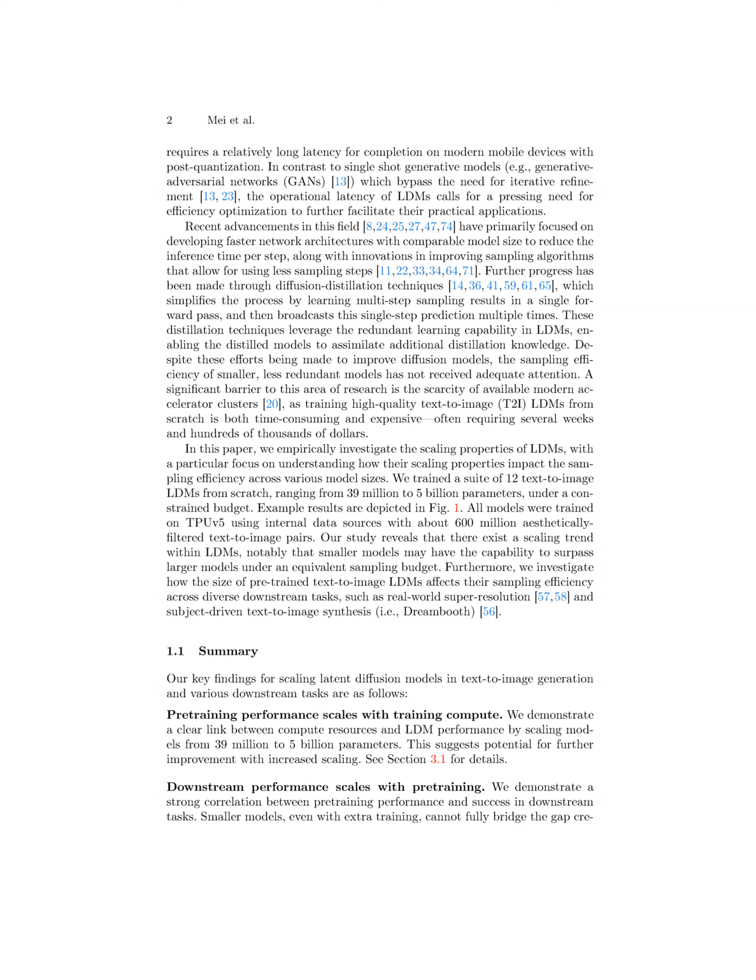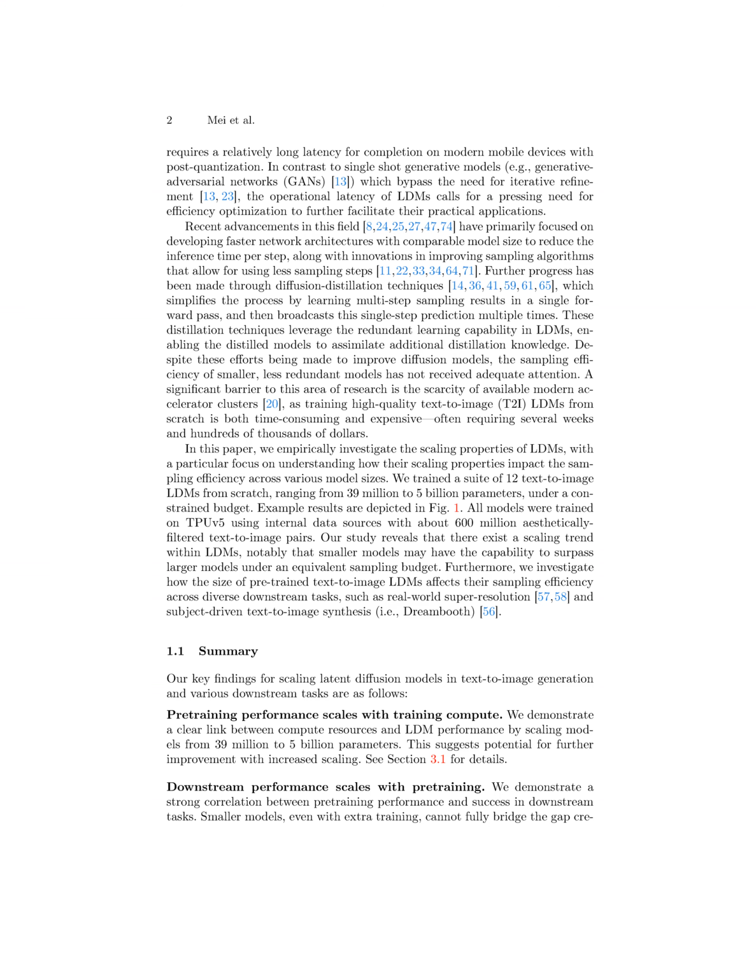Specifically, LDMs typically use a 50-step DDIM sampling process, which ensures output quality but requires a longer latency for completion on modern mobile devices. On the other hand, single-shot generative models like GANs do not require iterative refinement and thus have lower operational latency compared to LDMs.